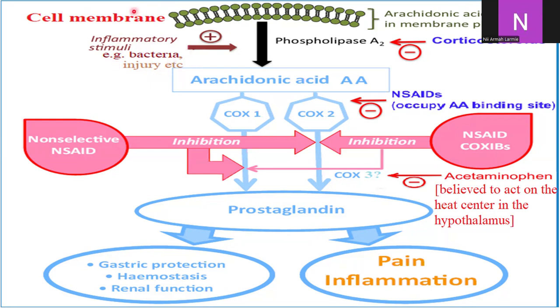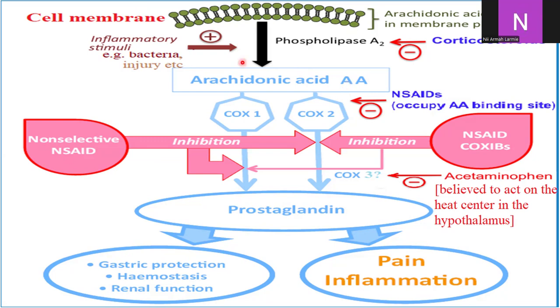If an injury occurs in the cell membrane, there is the release of what is known as arachidonic acid, which is found in the phospholipid membrane, which is our cell membrane. Now, the release of arachidonic acid, which is here portrayed as AA, is the initiation of the inflammatory process.